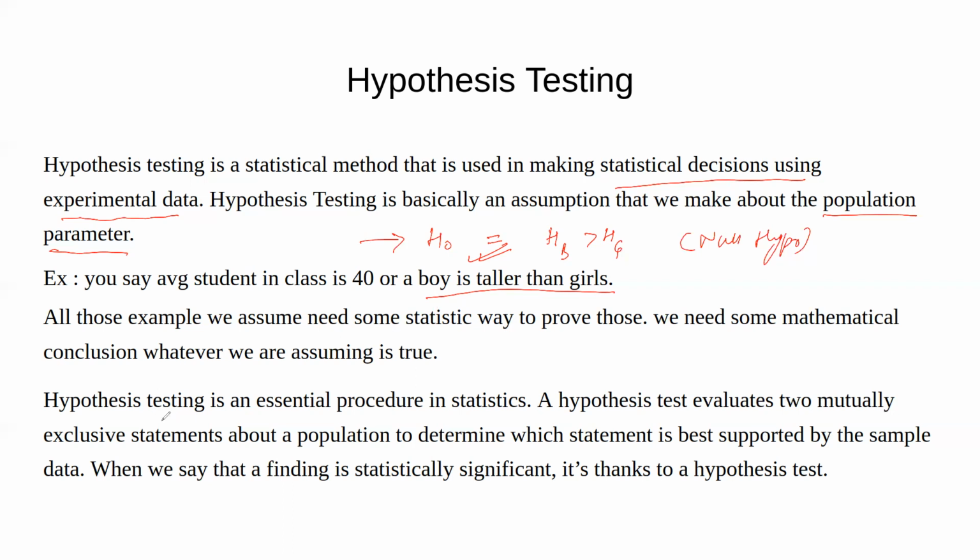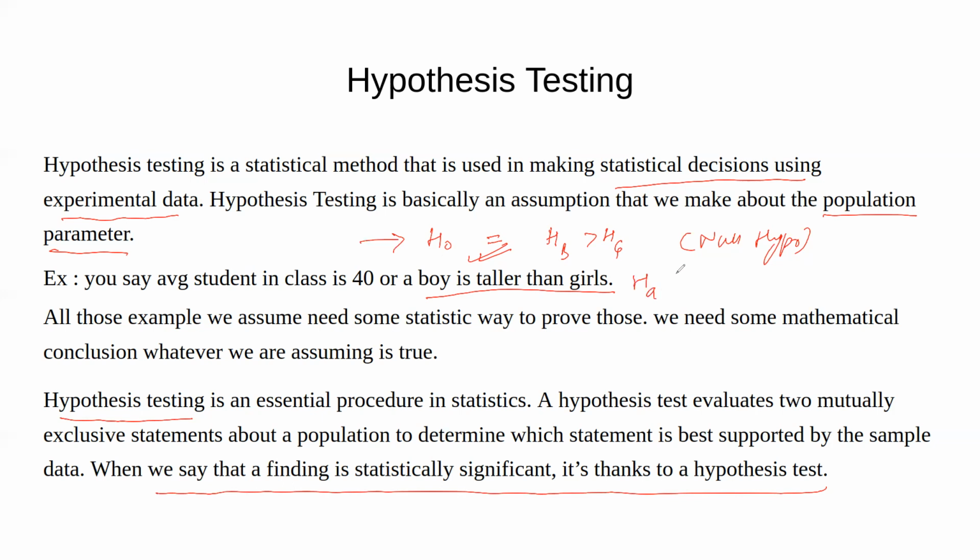So basically, to conclude something, we need a formal testing procedure, right? And when we say that a finding is statistically significant, it is because of the hypothesis testing that we have done. So what could be the alternative hypothesis for this?